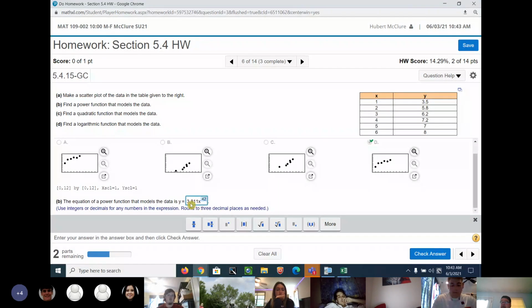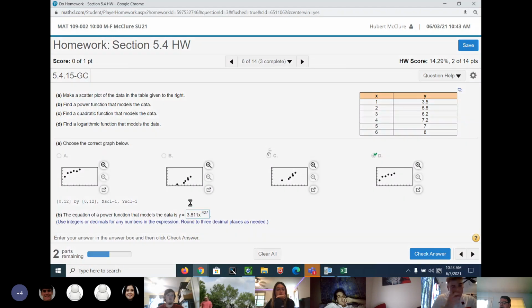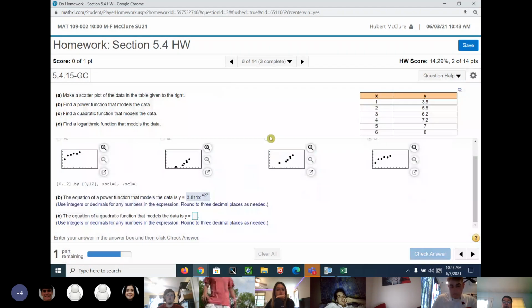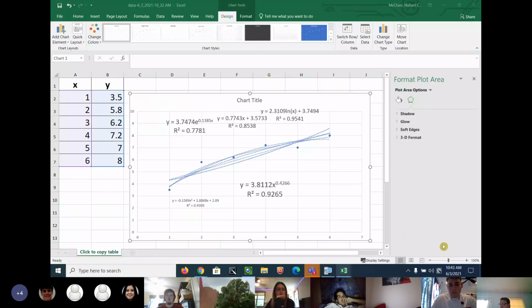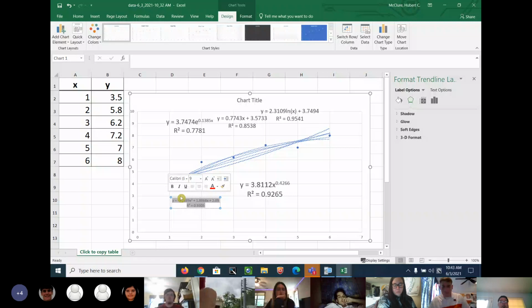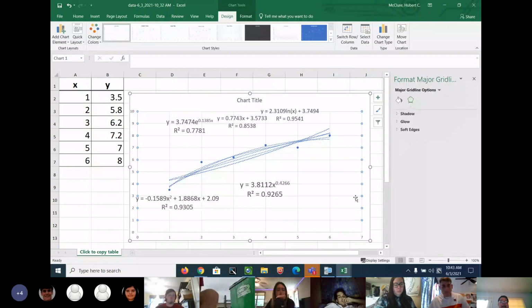Quadratic, that's polynomial. I didn't write that one down. I think this one is the quadratic, correct? Excel pays for itself on this question. Negative 1.159 x squared plus 1.887x plus 2.09.